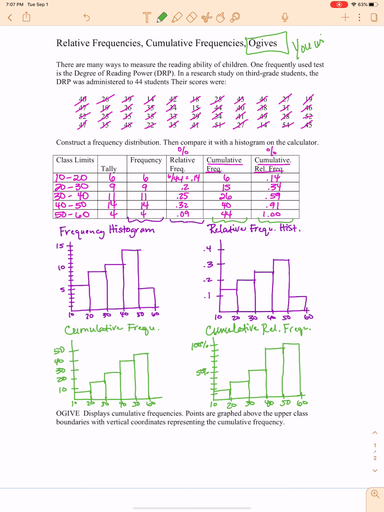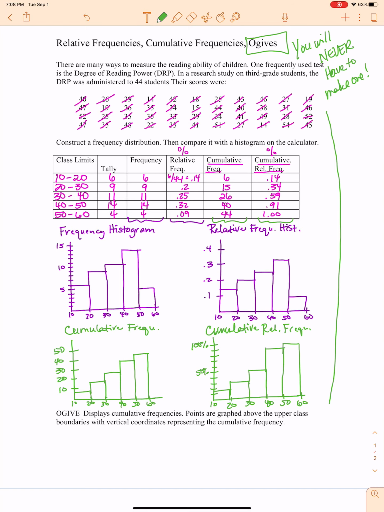You will never have to make one. So all of this process here, you don't ever have to do that. But I'm showing you how they're created so you'll have a better understanding of how to use them. You will be expected to read them.